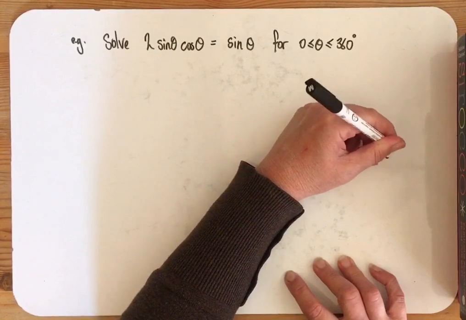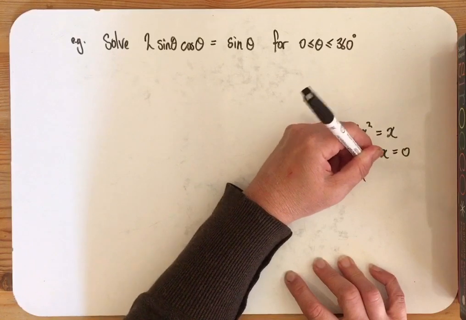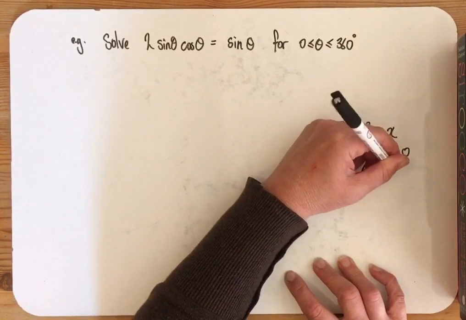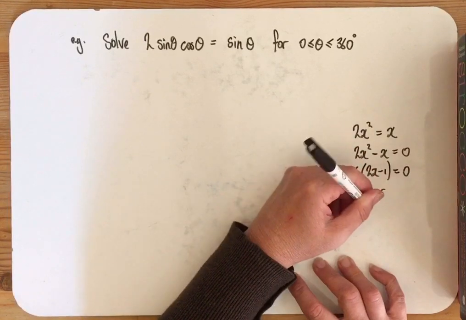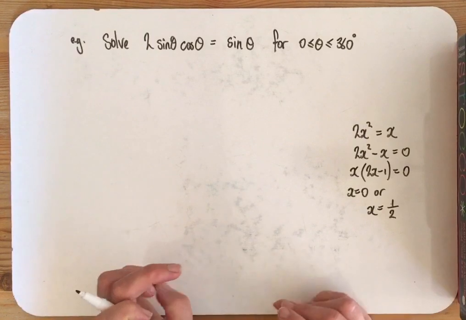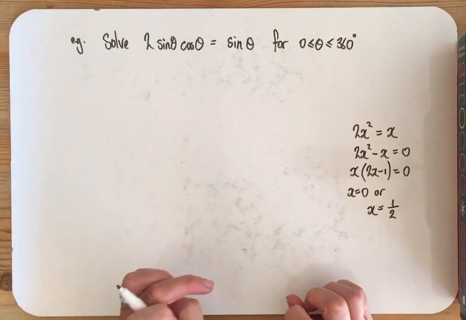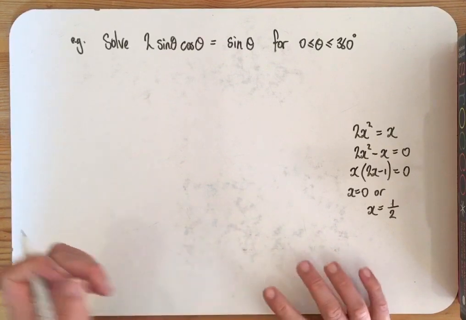Similar to this scenario, if you had 2x squared equals x and you divide both sides by x to get 2x equals 1, you lose the solution that x equals 0. So instead you have to subtract x, take x out as a factor, and then x equals 0 or x equals a half. So you mustn't divide by variables unless you know they can't be 0 or you'll lose that solution.